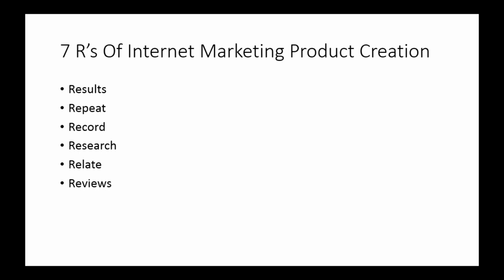Reviews mean that someone has looked at what you're doing and they've said, hey, I can do that, I've done it. And what this does is this helps you during the sales process so that normal people can take your method and they can actually improve their lives in some way. So you need to have some people who will give you testimonials. And these should be real testimonials, folks.